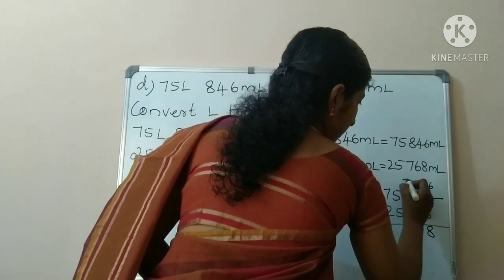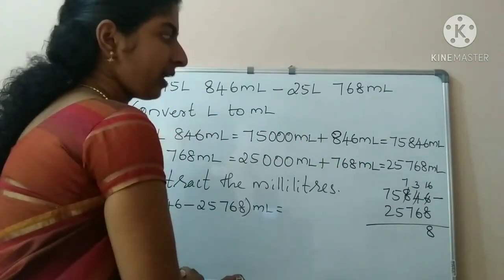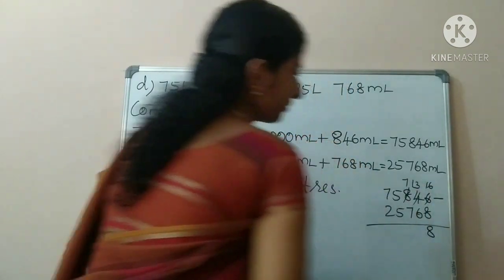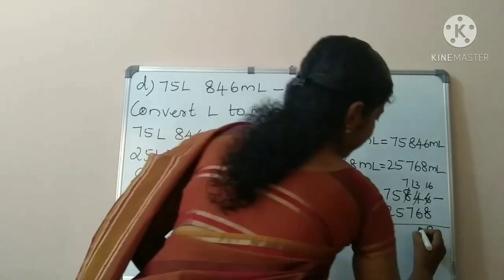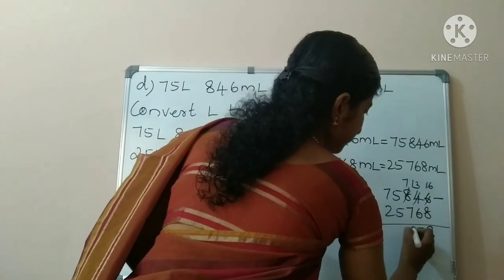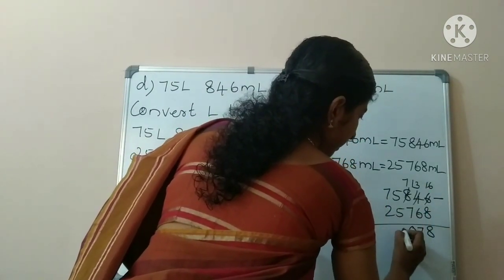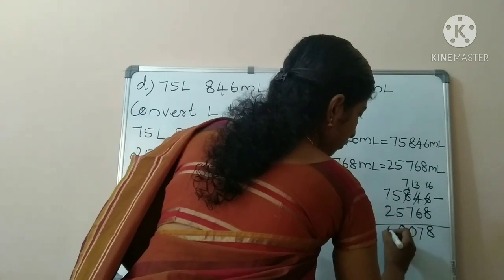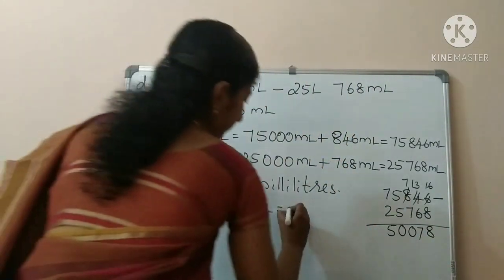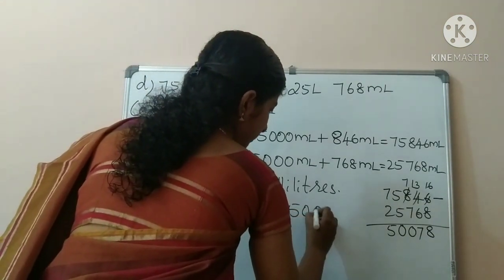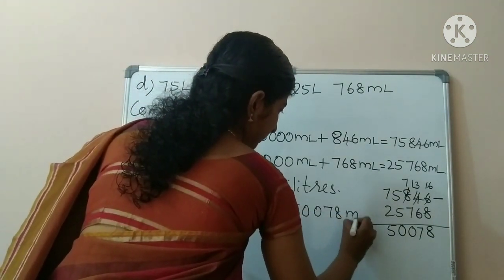After taking 1, the left side becomes 7. Right side becomes 13. 13 minus 6, yes, 7. Then 7 minus 7, 0. 5 minus 5, 0. 7 minus 2, 5. That is 50,078 milliliter.